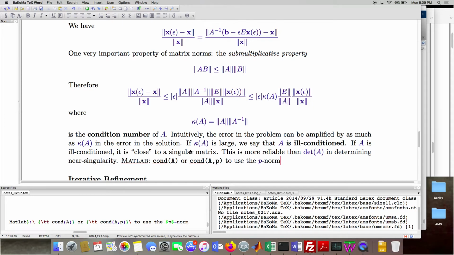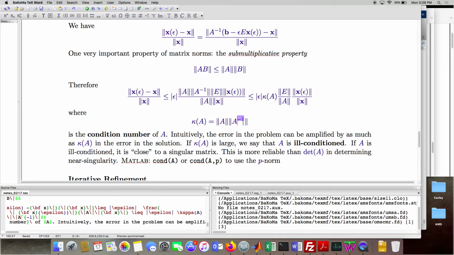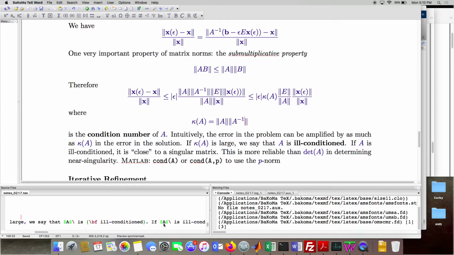But you can specify a different norm if you want. But one difficulty about computing the condition number is it requires the inverse. And the inverse is a real pain to get. So the condition number command in MATLAB is not fast. Even if you're using a norm that's easier to compute, like a 1 norm or infinity norm, it still has to compute the inverse and then take the norm of it. So it's going to be expensive, and not recommended for code that you really want to run fast.